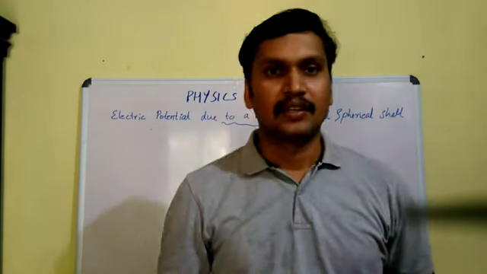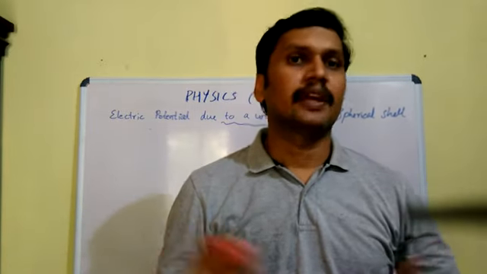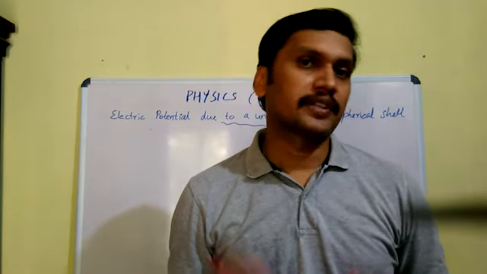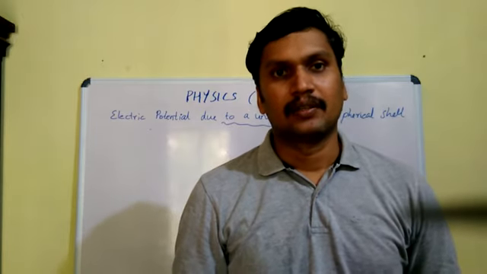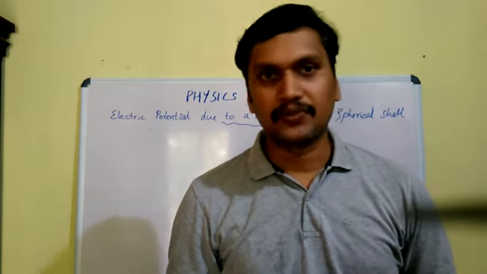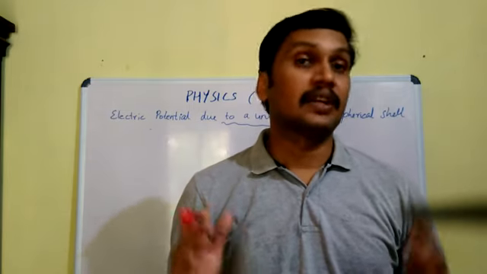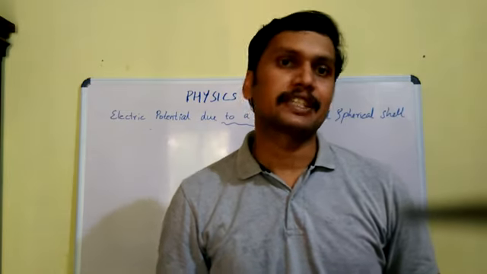Hello friends, now we are deriving an equation for potential due to a charged spherical shell. We already derived an equation for the electric field due to a charged spherical shell.